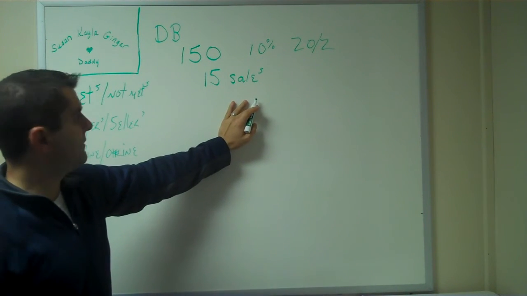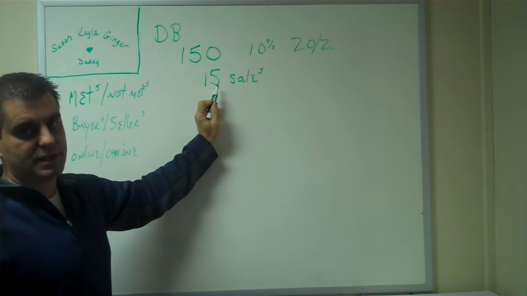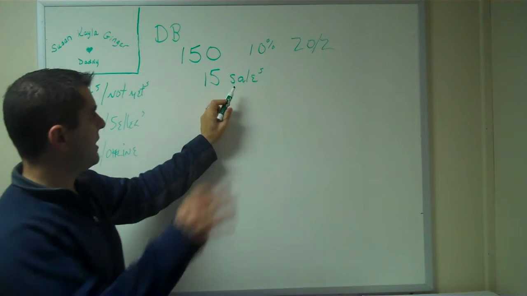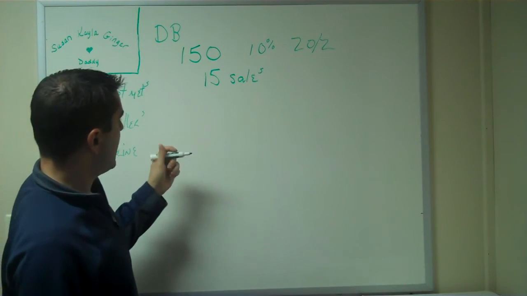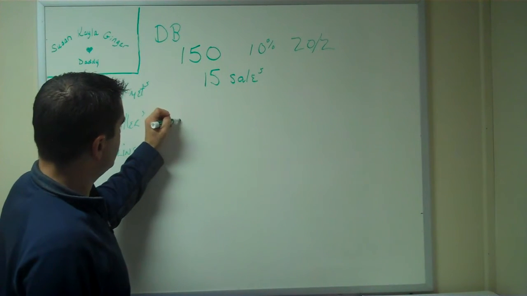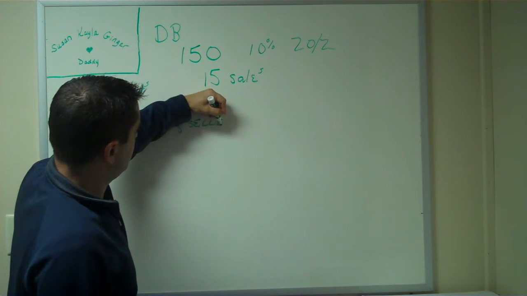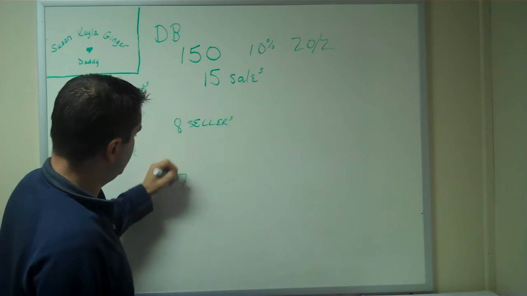Where are the other 15 sales coming from? We're going to assume that this is 50% buyers, 50% sellers, so we don't have to break this up. So now we have 15 sales left, which is, we're going to go 8 sellers, we're going to do 7 buyers.